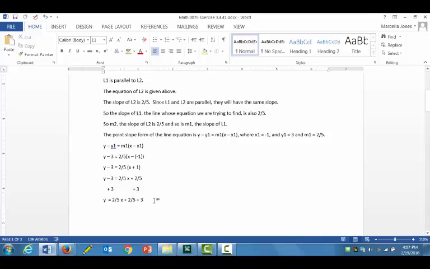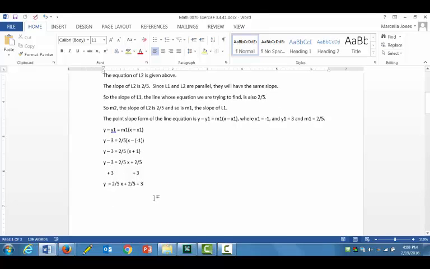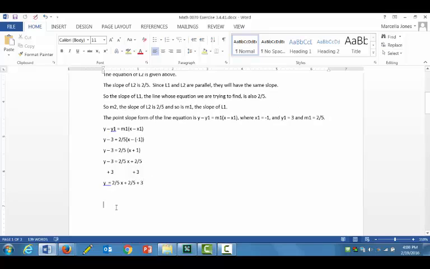A lot of times your calculator will have a fraction button, which usually looks something like a, b over c. In this case, we can add using our calculator, or we can just add on our own, and I'm going to add on my own.